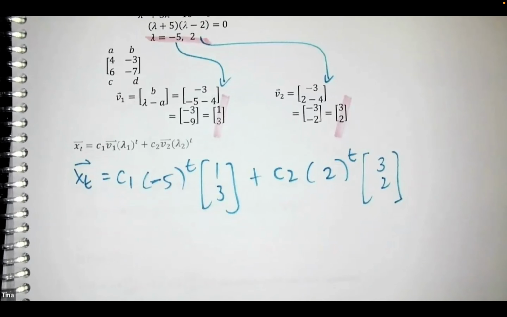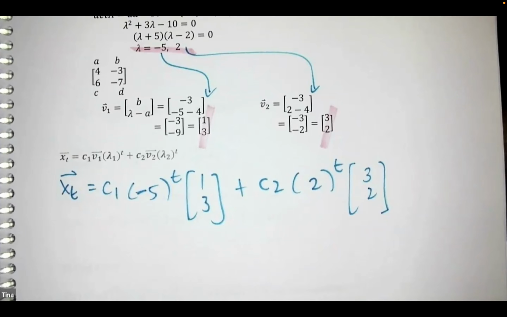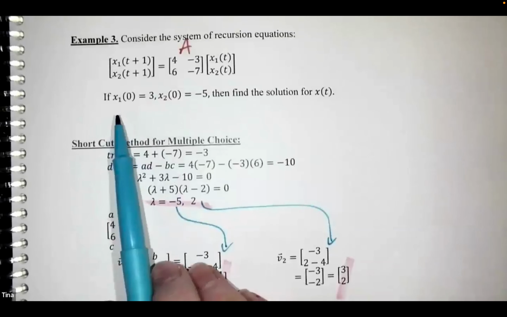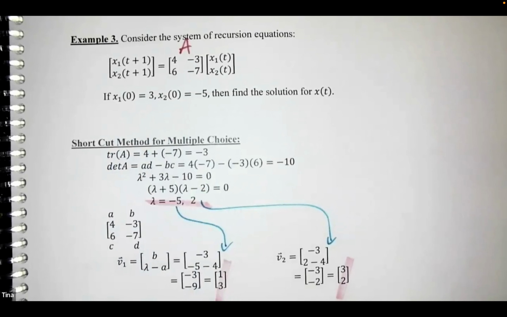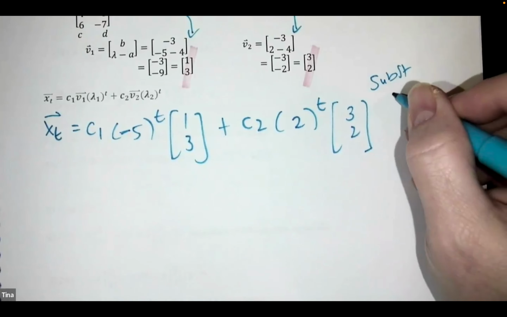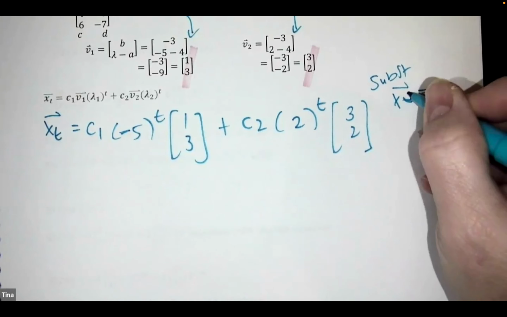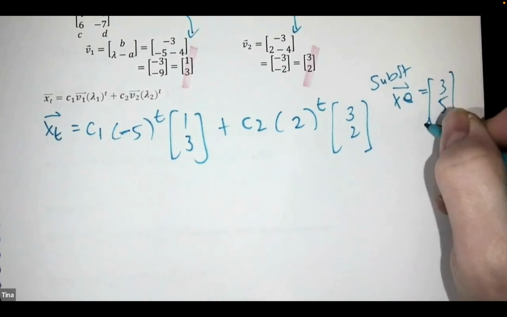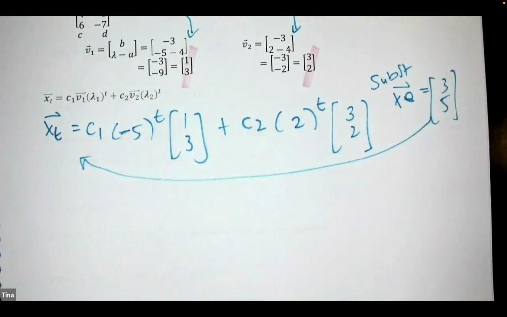So that's our solution, and we have an initial condition, 3 and -5. So we're going to substitute. That's like our x naught vector, right? 3, -5. So it's going to go on the left. And when we do that, don't forget your t's are 0.